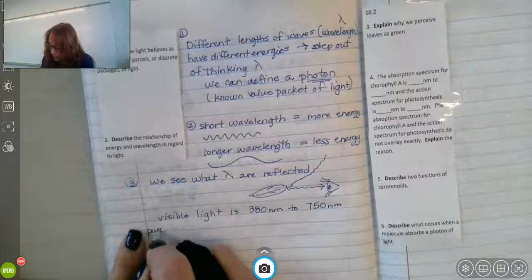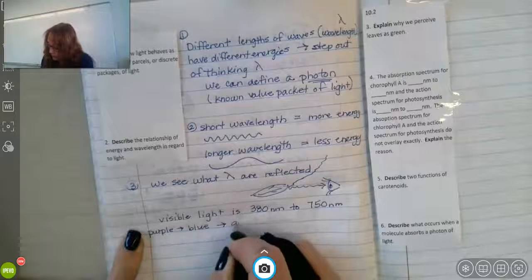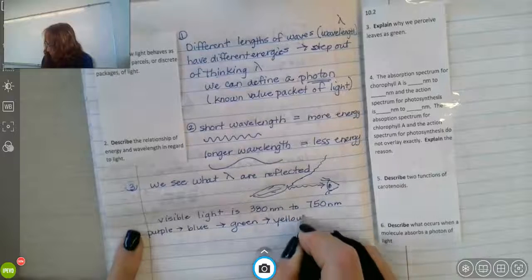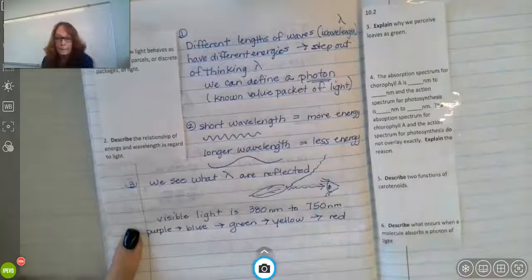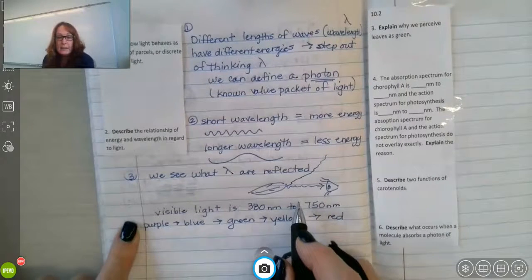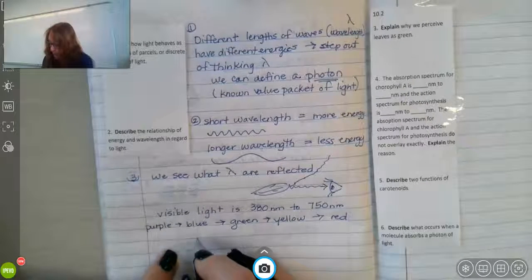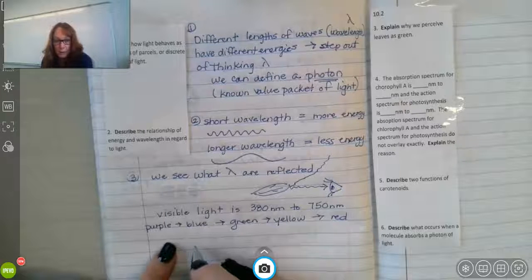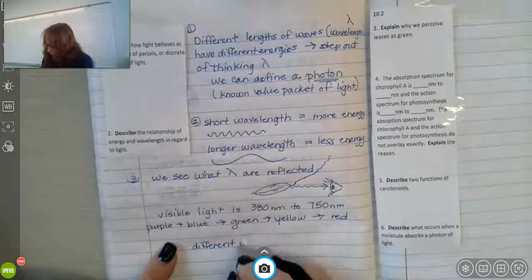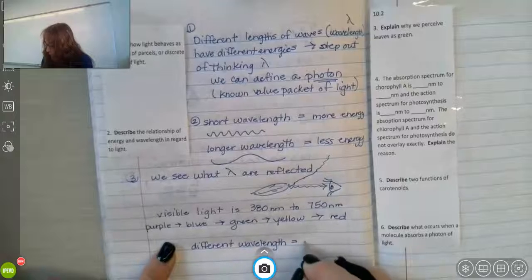It goes purple to blue to green to yellow to red, lining up with the same. So let's see what we can say based on what we just wrote. Okay, here's what I'm going to say then. Every wavelength is a different color. So, different wavelength, different color.